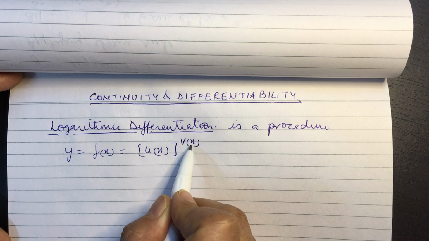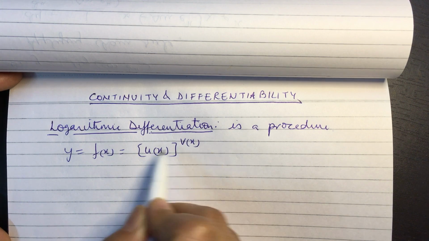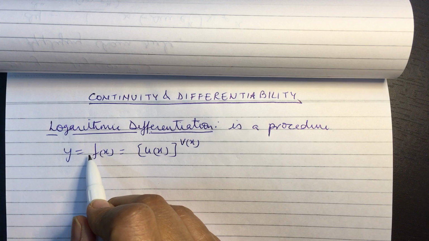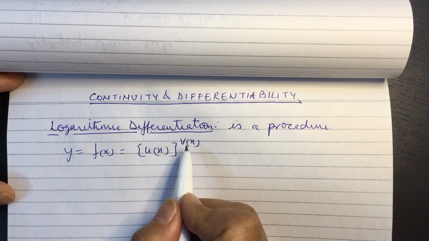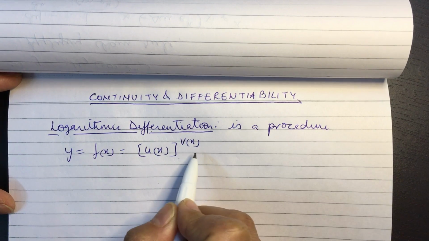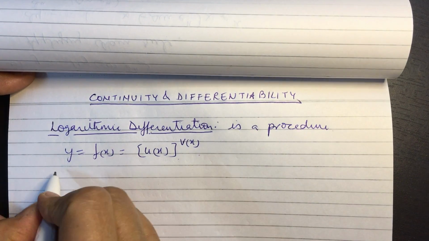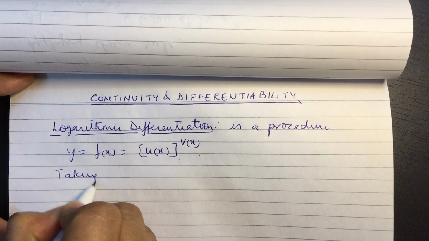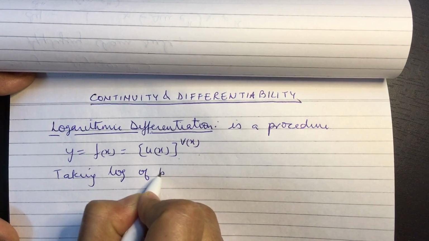So directly applying the chain rule doesn't help, but we know that using the laws of logarithms, we can convert this from exponent form to product form. So we take log of both sides.